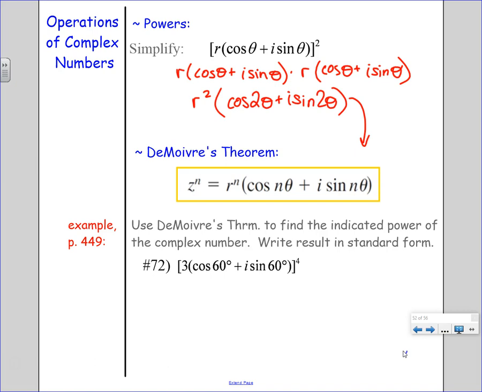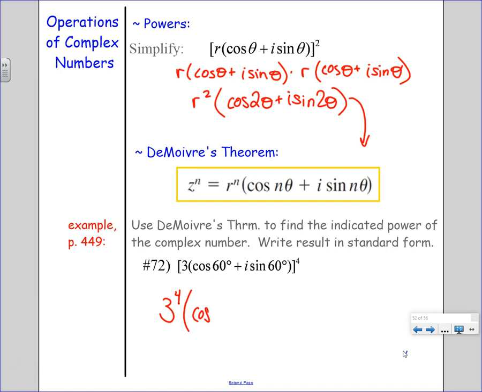So I'm looking at this guy down below. What's going to end up happening if we raise 3 cosine 60 plus i sine 60 to the 4th power? 3 is going to get raised to the 4th power. 81. Careful, 4 times. Oh, you did. 81 is 3 to the 4th. Got it, Colby. Sorry. I was already in here at the angle.